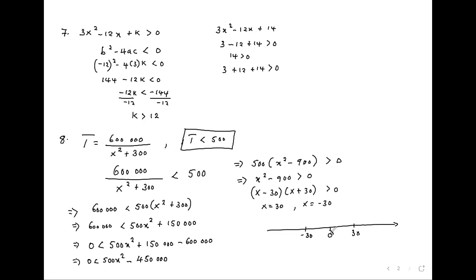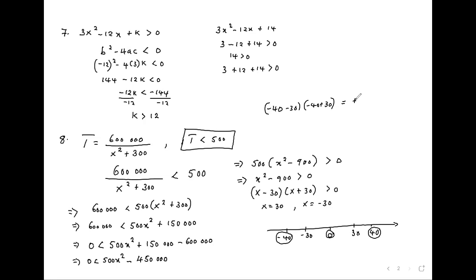We can choose 0 in between, choose 40 this side and choose -40 the other side. So easy to test. When x is -40, we have -40 minus 30 multiplied by -40 plus 30. Automatically, this number becomes positive altogether.